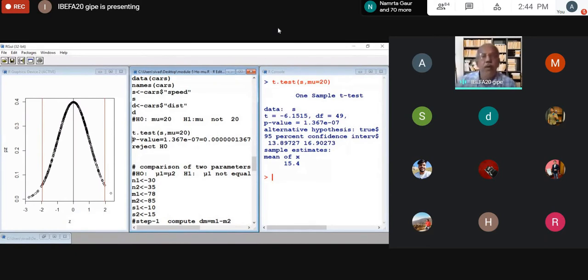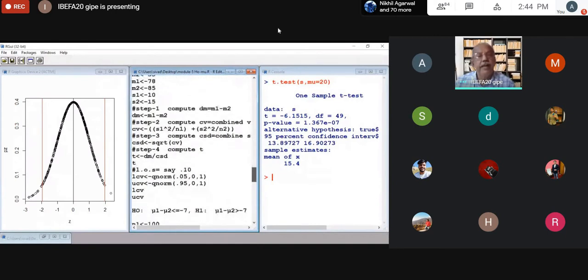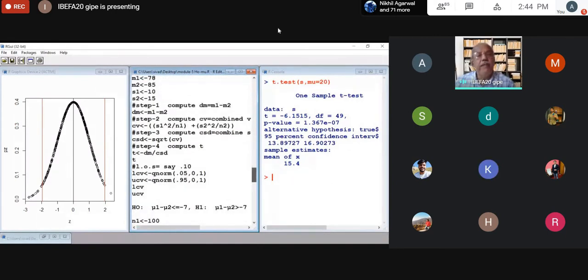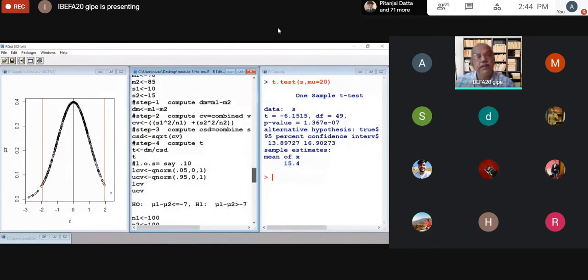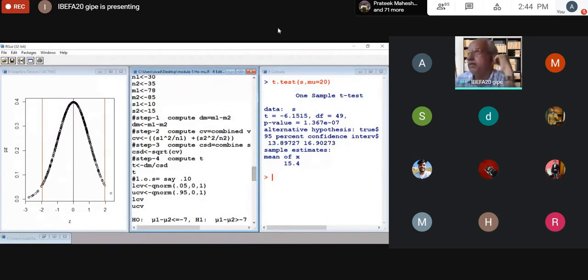Then I went for the 2-parameter test, critical value approach. It is exactly like what we did in the critical value approach; only the T formula will change because there are 2 samples.